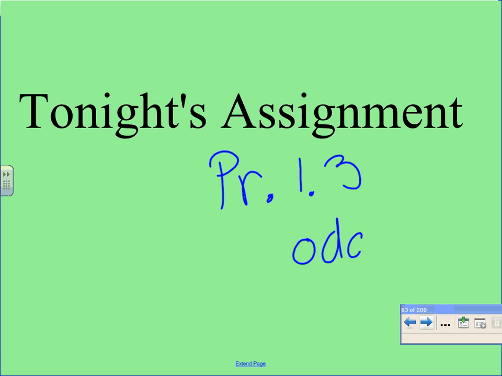So on 1.3, do the odds. If you write big, show your work on another piece of paper. Okay, so on practice 1.3, numbers 1 through 23, odds. If you write big, use either your notebook or another piece of paper. Circle or underline your answer.